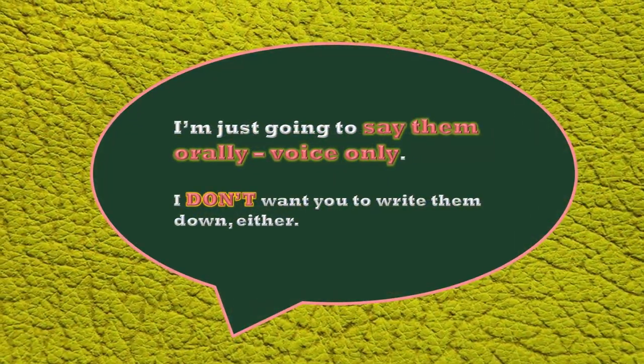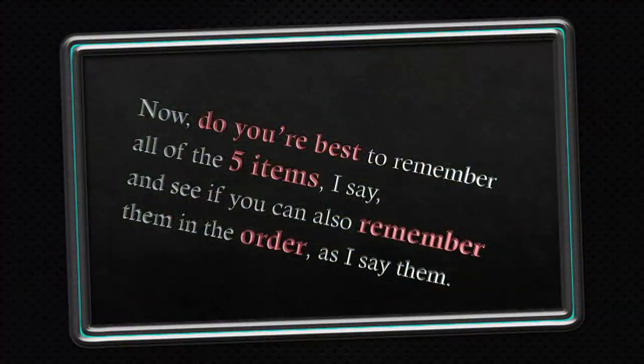I'm going to give them voice only, and I don't want you to write them down either. Now, do your best to remember all of the 5 items that I say, and see if you can also remember them in the order as I say them.